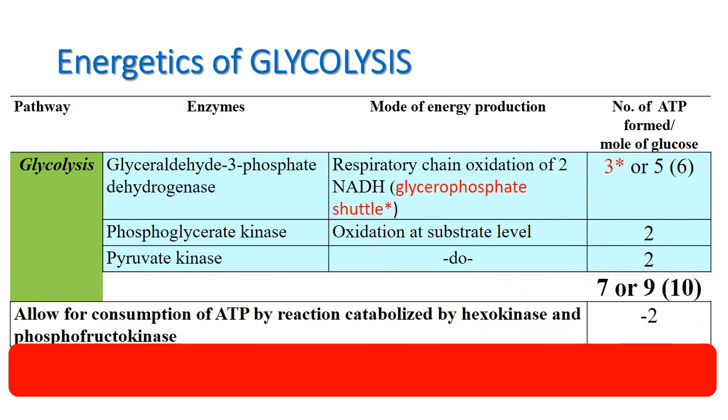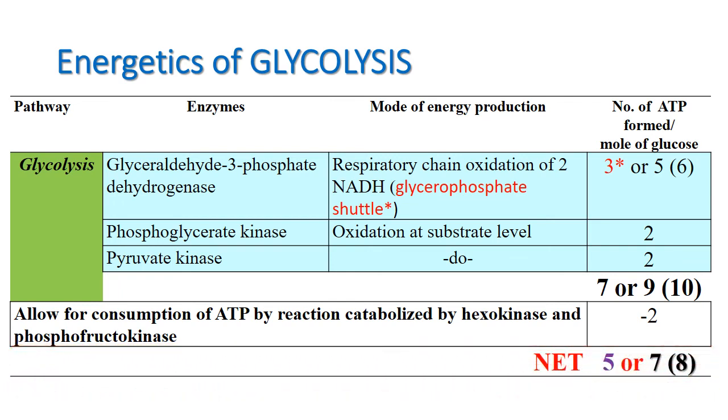However, under anaerobic conditions there is only production of 2 ATPs. There is also a consumption of 2 ATPs during the first 2 steps, one at hexokinase and the other at phosphofructokinase. So the net amount of ATPs produced is 7 minus 2 equals 5, or 9 minus 2 equals 7.